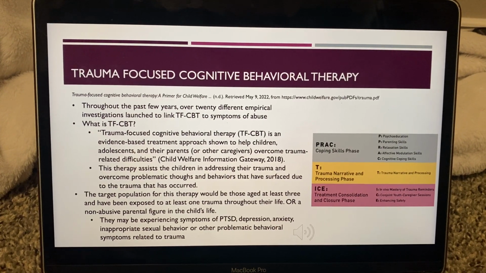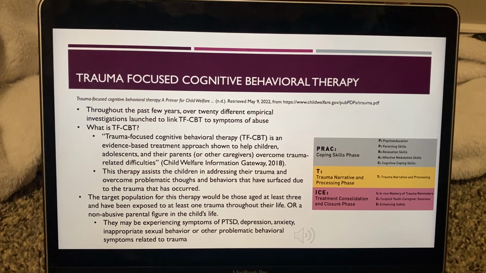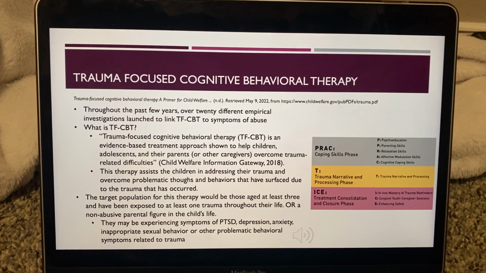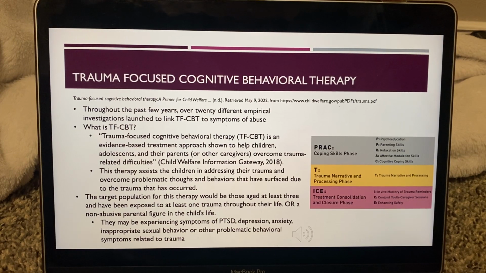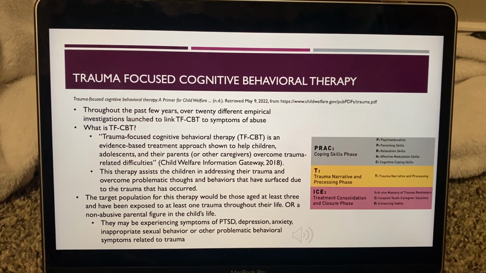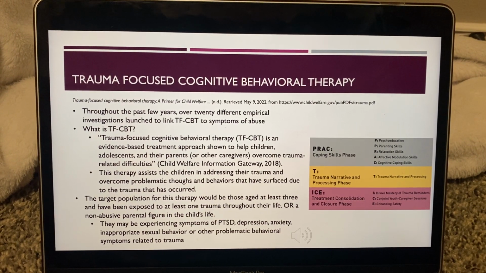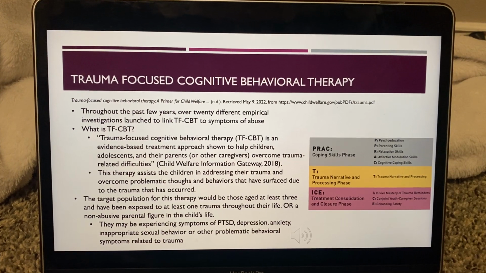The next therapy I'm going to describe is trauma-focused cognitive behavioral therapy. This is a therapy that I'm particularly interested in and have learned a great deal about over the past 4 years at Missouri State. This therapy has been empirically investigated over 20 different times, so it's a pretty sound therapy.